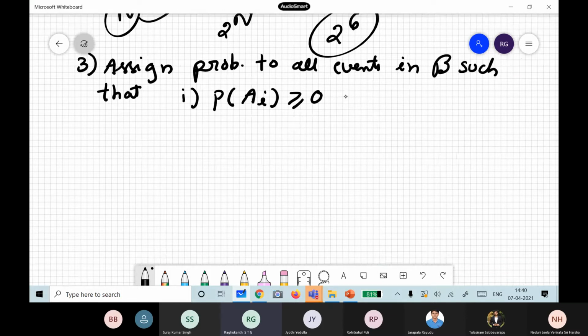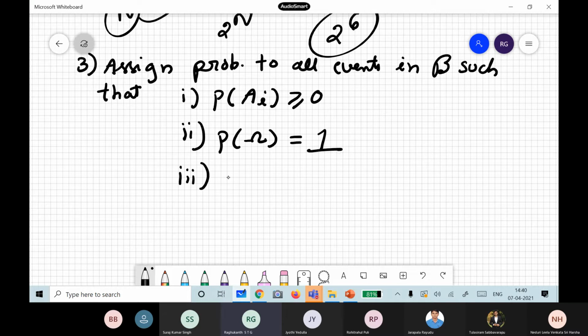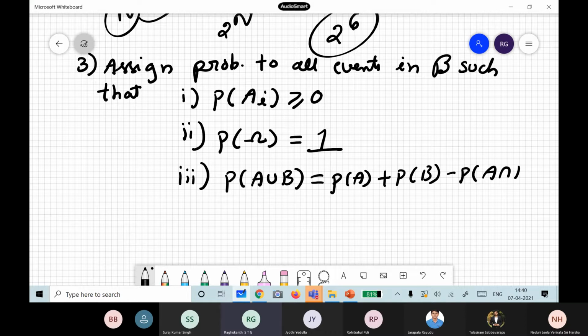The second axiom: the probability of the sample space should be 1. The third axiom: the probability of A union B is the probability of A plus the probability of B minus the probability of A intersection B. These are the fundamental axioms of probability.